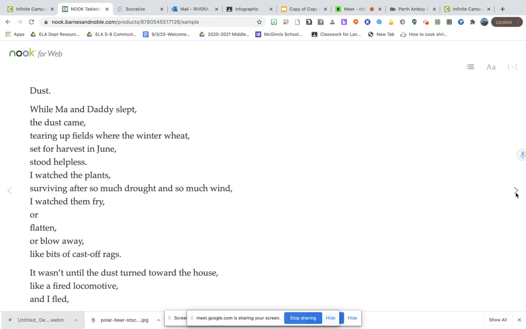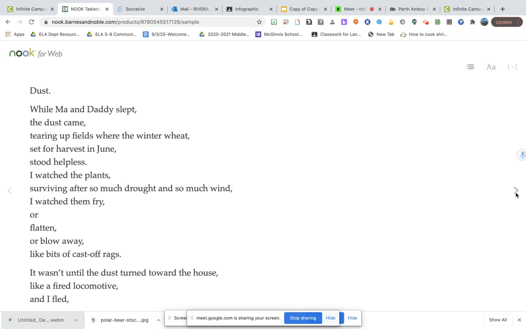If you all know where Burger Hut is in Perth Amboy, you should know what a locomotive is. What is next to Burger Hut? A restaurant? No, a train. A locomotive is a train. Burger Hut is a restaurant, but right behind it is a train.